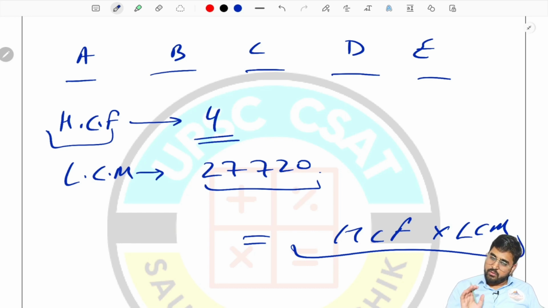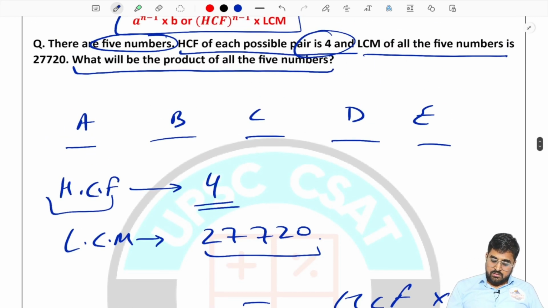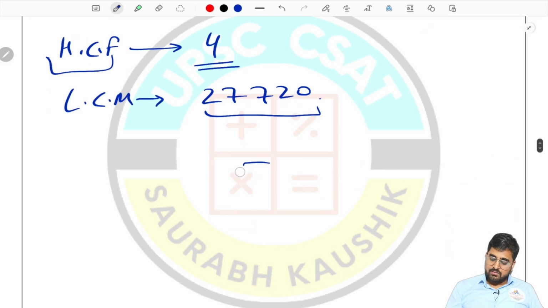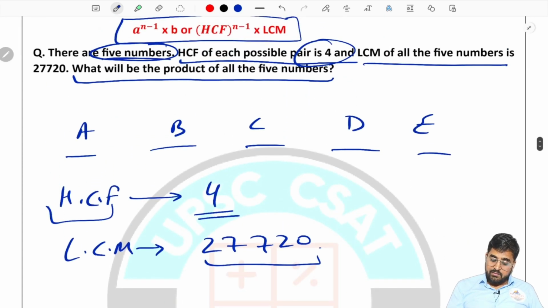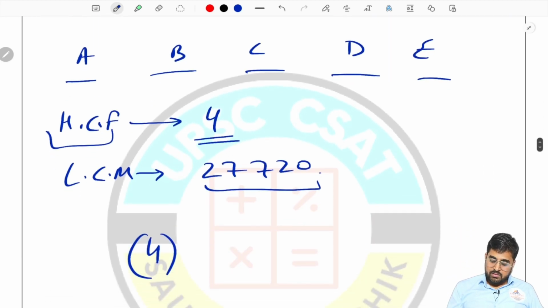No issue at all, the concept will be the same, but the one thing that changes is this: HCF is 4, and in the case of five numbers, the concept here is n minus 1. So 5 minus 1.